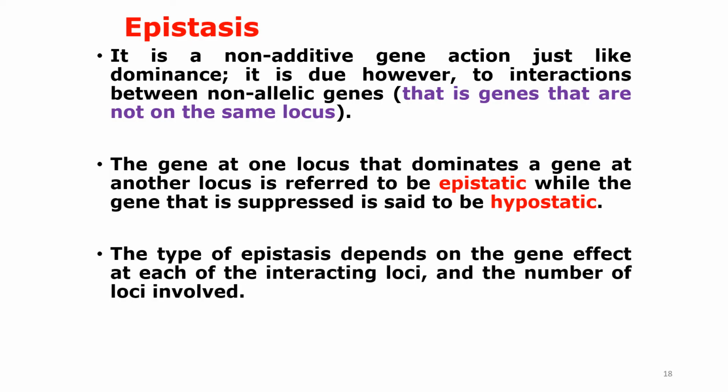Now, the type of epistasis depends on the gene effect at each of the interacting loci and the number of loci that are involved. So there are many types of epistatic interaction, but that is not the focus of this lecture right now.